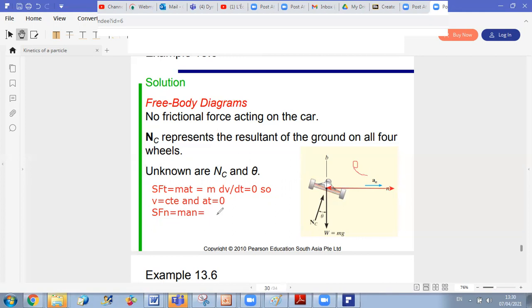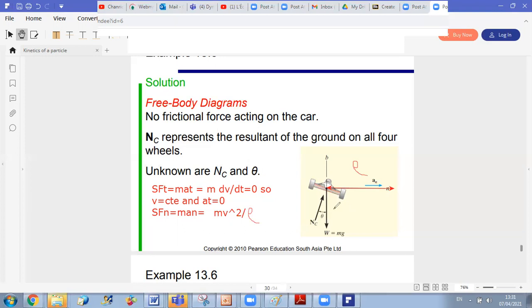So we can write that AN is V square over rho. So if we replace, it's M times V square over rho. Now I should project on UN.